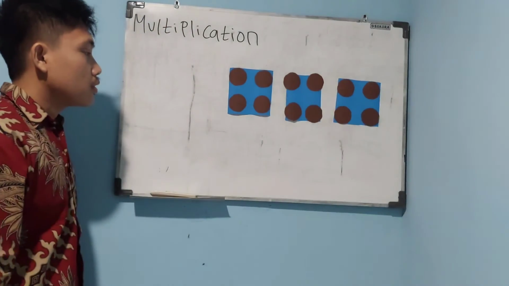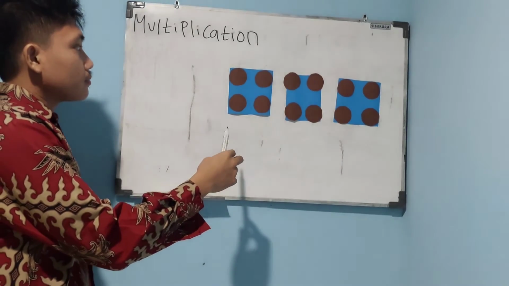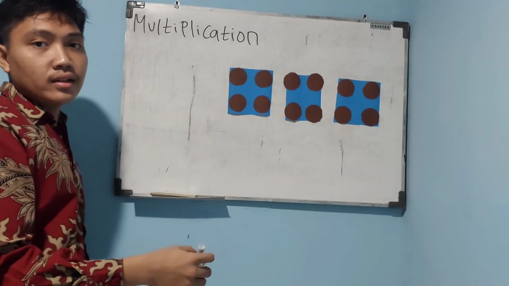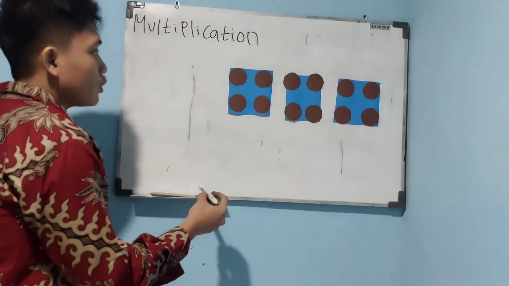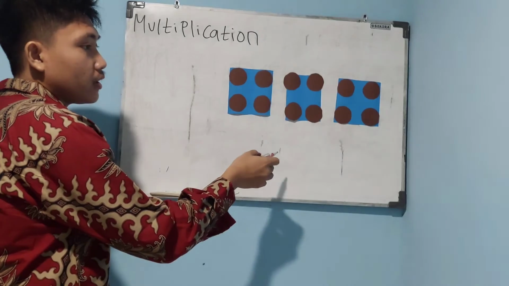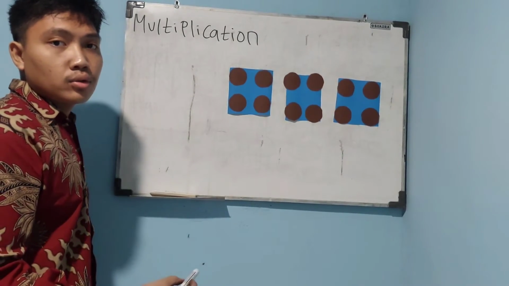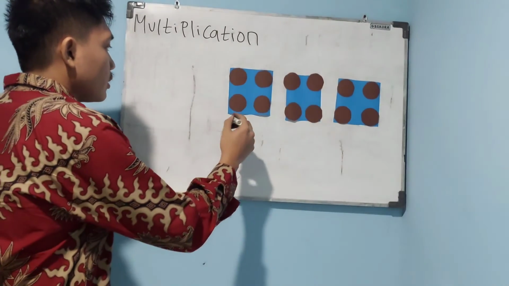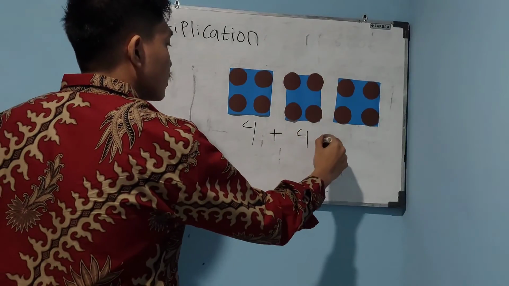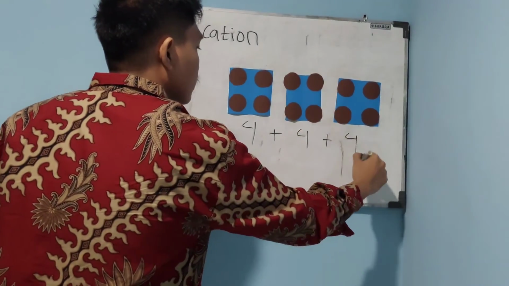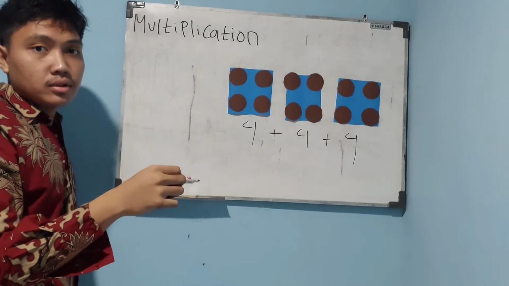As you can see, if we add all the cookies one by one, it's a very slow process. I have a simple way to count it quickly. There are 4 cookies plus 4 cookies plus 4 cookies, and in multiplication we can use times.